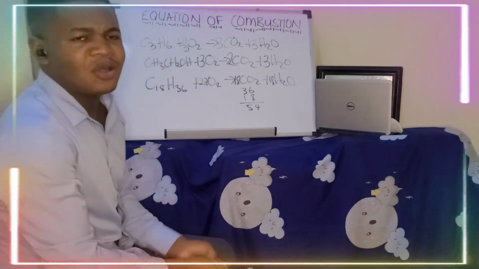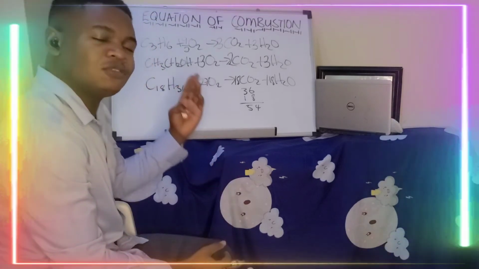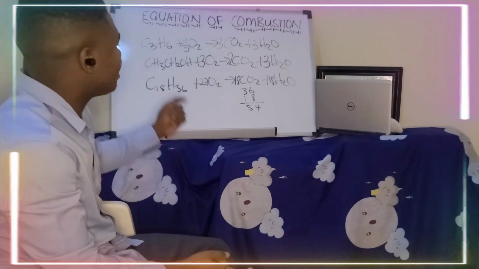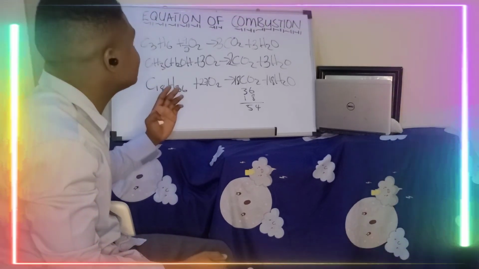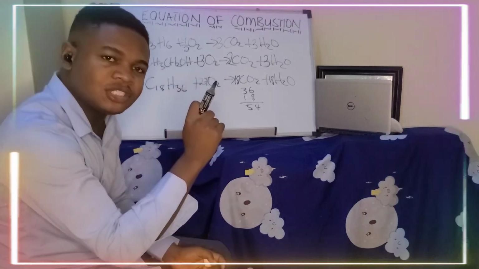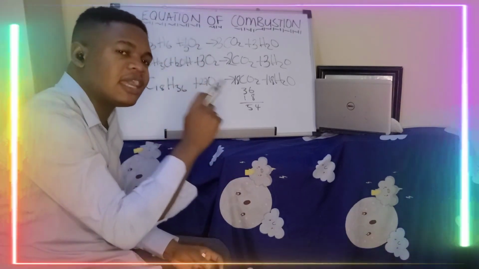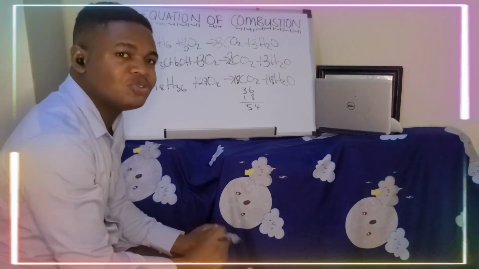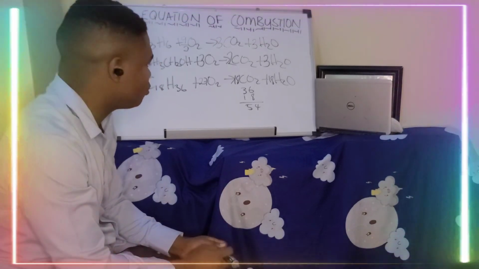So this is how you always balance this. You just have to follow the rules. Start with the hydrogen, followed by carbon, and lastly followed by oxygen. Hydrogen, carbon, and then oxygen. If you start with oxygen, unfortunately you're going to have challenges in balancing your equation.